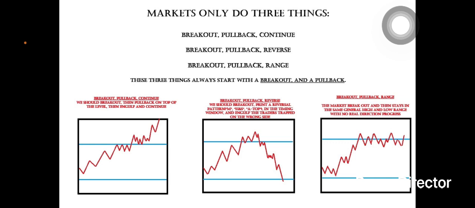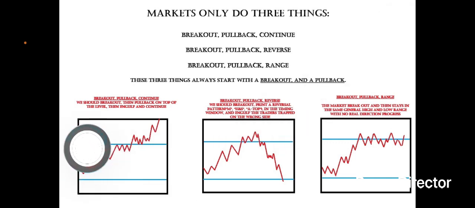But according to Stacy, markets only do three things. Breakout, pullback, continue; breakout, pullback, reverse; and breakout, pullback, and enter a trading range. Notice that all three of these things always start with a breakout and a pullback. So when we look here, we're looking at a breakout, pullback, continuation type of trade.